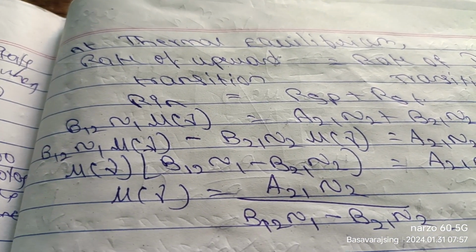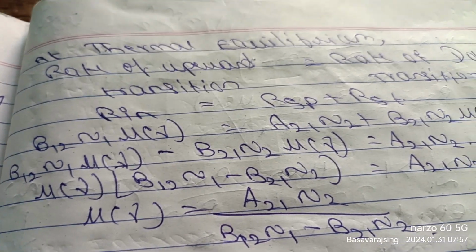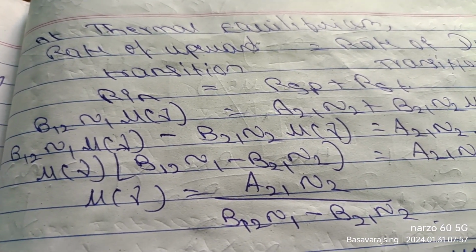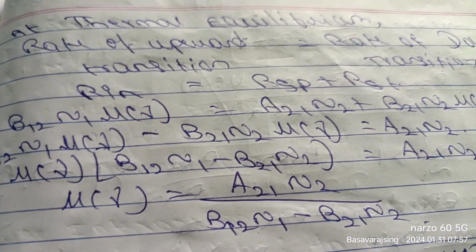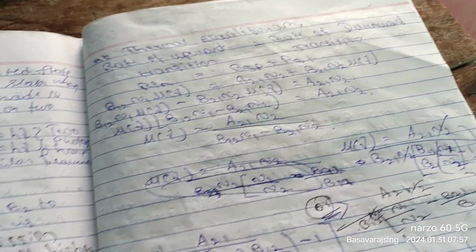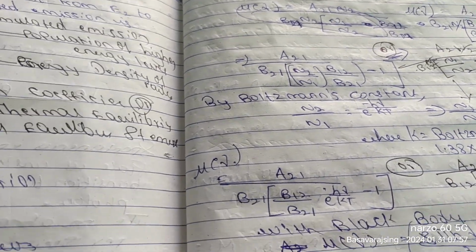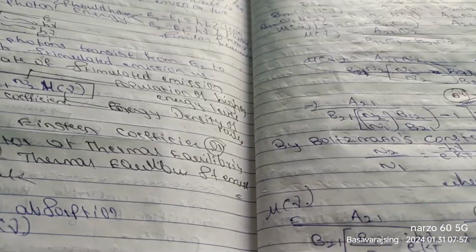Here the upward transition is the number of atoms transiting from E1 to E2, which is induced absorption. The downward transition means spontaneous and stimulated emission, where the number of atoms transit from E2 to E1.